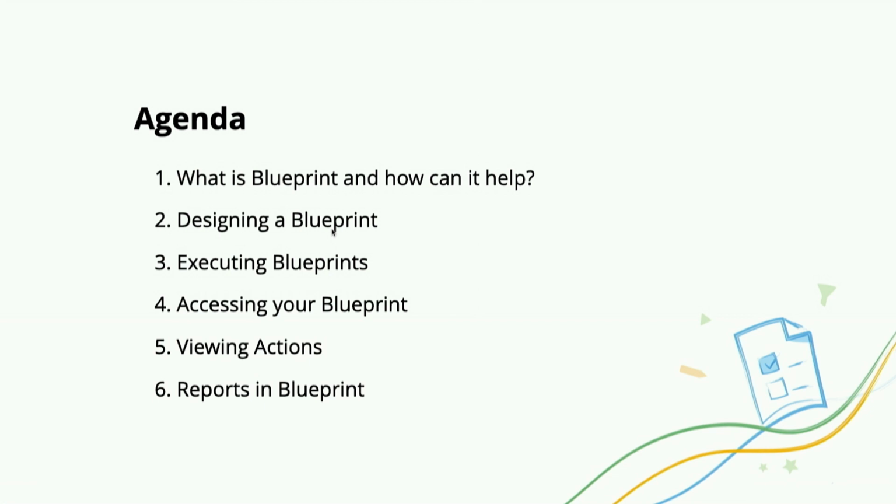So a couple of things we're going to go over in this session. You'll have a really solid understanding by the end of it of how to build a blueprint, how to configure it and execute it. And we're going to go through the scenario that we went through and see how it benefits us.